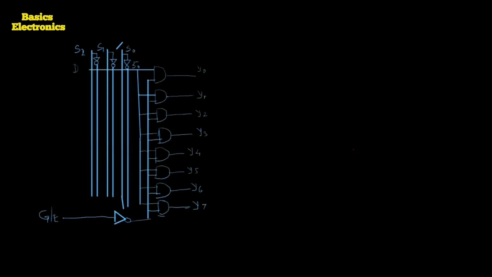The inputs are S2, S1 and S0. These we call select inputs, or the select lines, or the control input that controls the passing of the data over the output line. So we call it the control input.